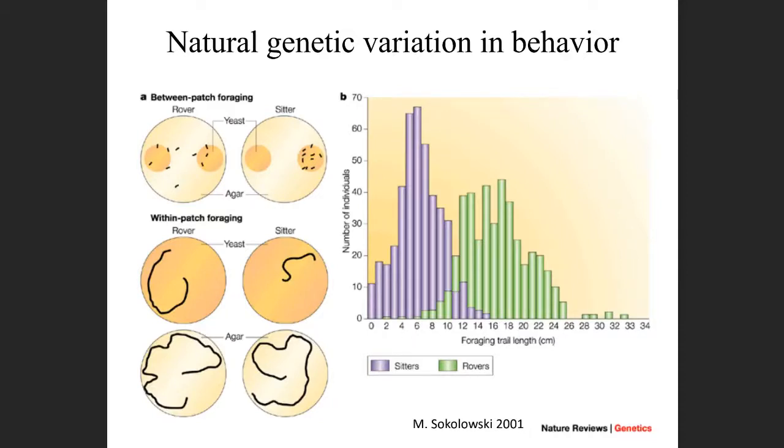The rovers, it's on average like 16 or 17 centimeters, and that often takes them outside of the yeast patch. And that's potentially important because in time, every patch gets exhausted. And so some individuals that leave the patch are going to die of starvation, but some of them are going to find new patches and benefit from that.